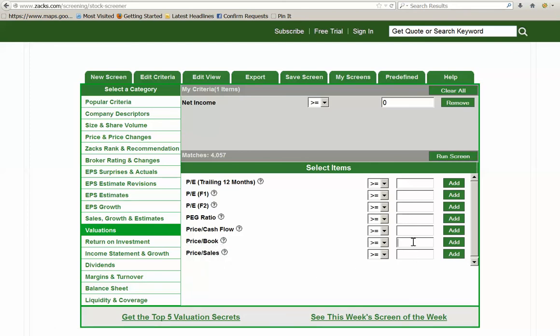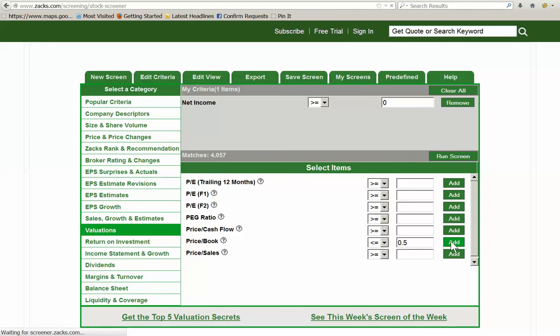So I'm interested in companies with price over book greater than 0.5. In fact, I want it to be less than 0.5. Sorry about that. So what I'm saying is that if you sold all of the assets and paid off the liabilities, there would be double or more the amount of cash available.